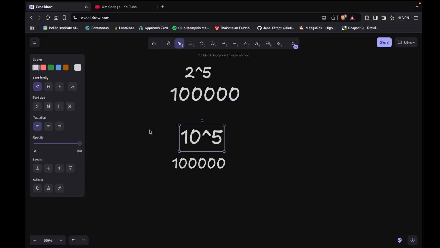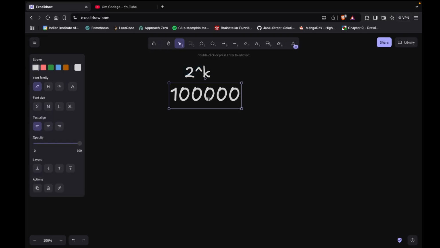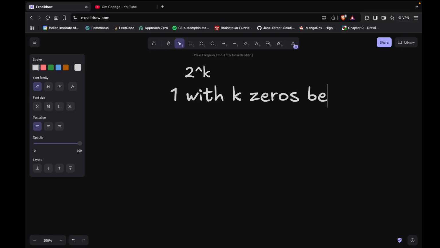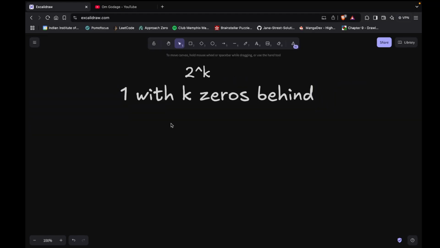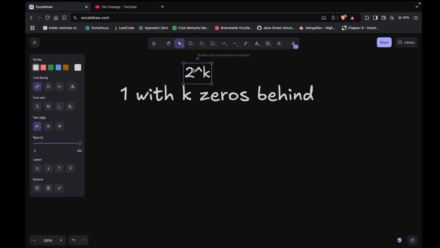If you don't believe me, just try calculating it on your own and convince yourself that 2 raised to the power k will just be 1 with k zeros behind it.